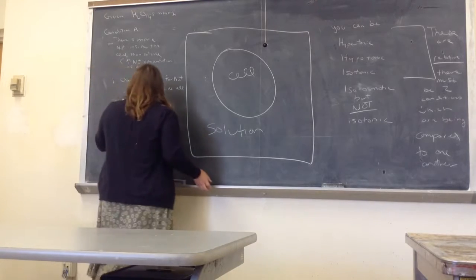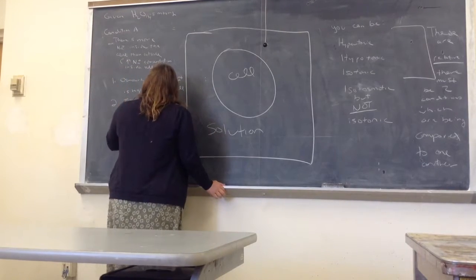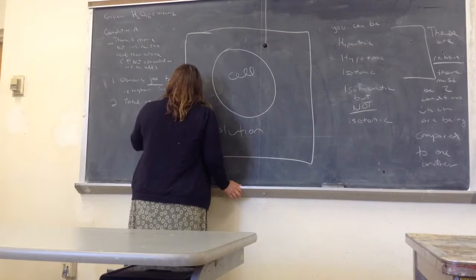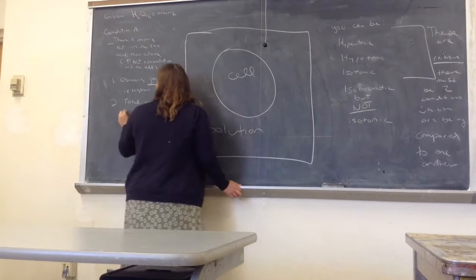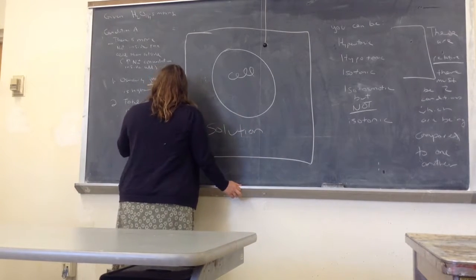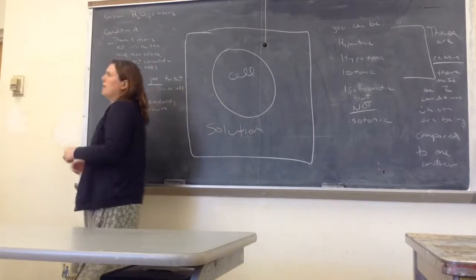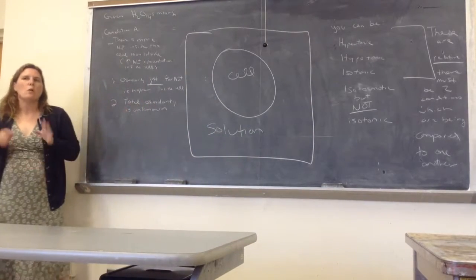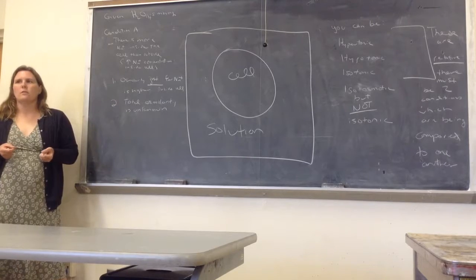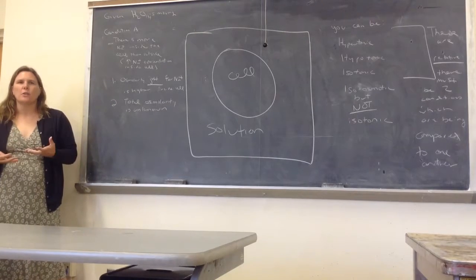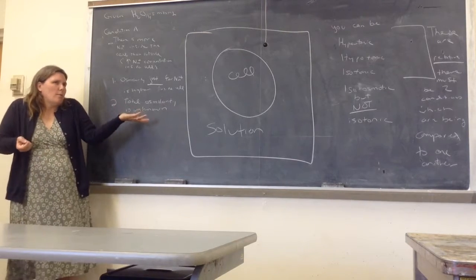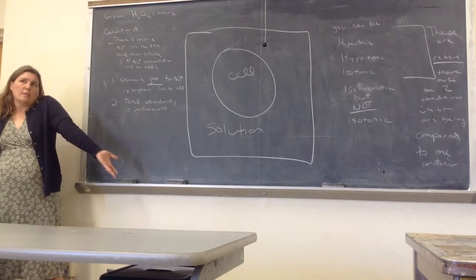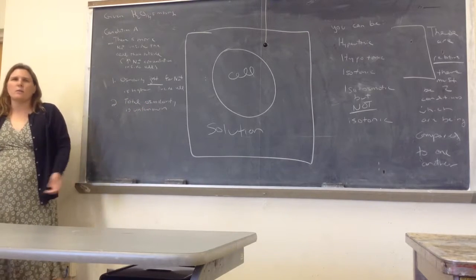Okay? The total osmolarity is unknown. Unless I tell you what the total osmolarity is for either one of these, you have no idea. Unless I say there's nothing but sodium and water, how else would you know what's in there?